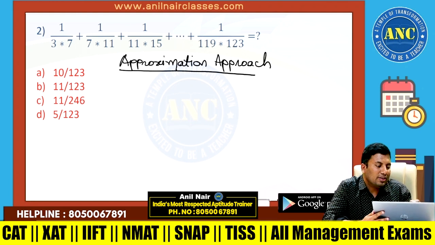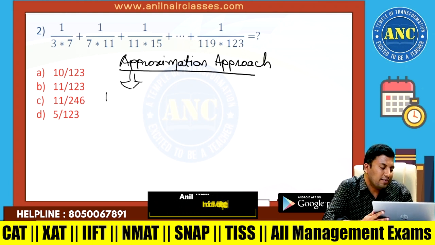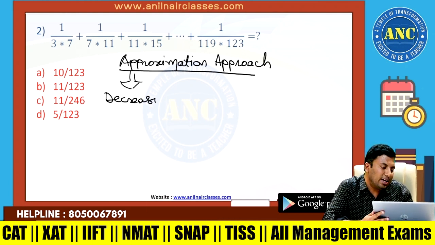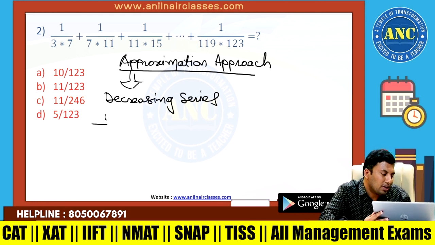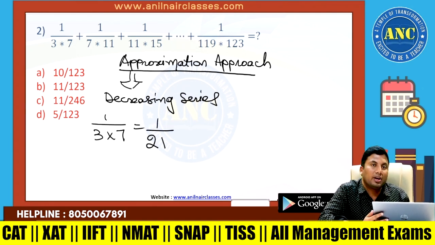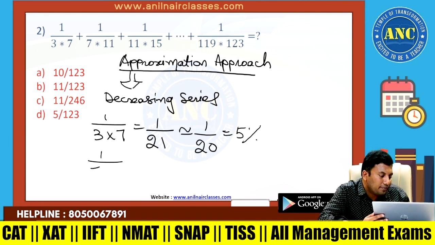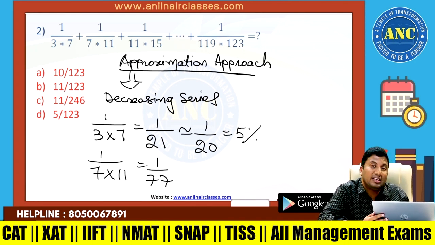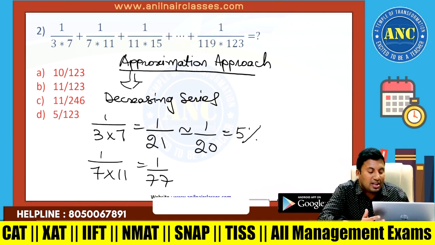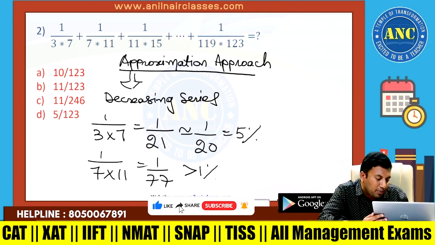The series is a decreasing series. If the series is a decreasing series, the first option 1 by 3 into 7 is nothing but 1 by 21. 1 by 21 is closer to 1 by 20. 1 by 20 is nothing but 5%. 1 by 7 into 11 is 1 by 77, which is just greater than 1%.